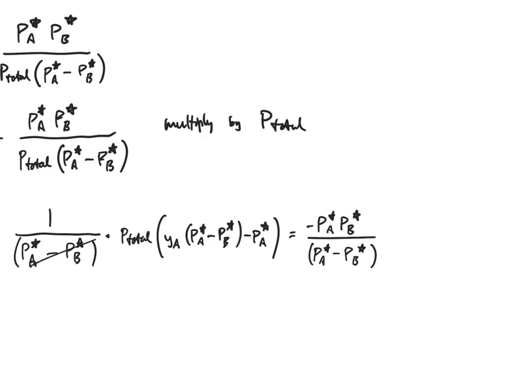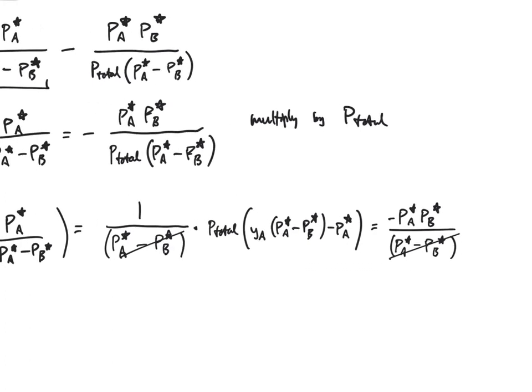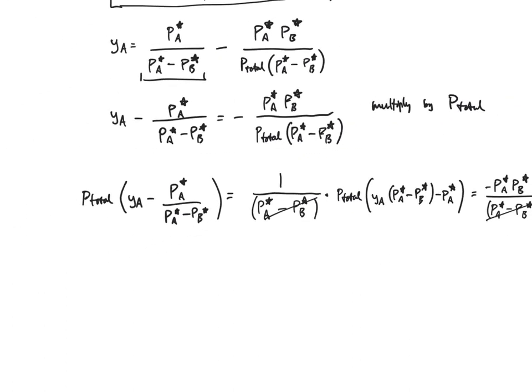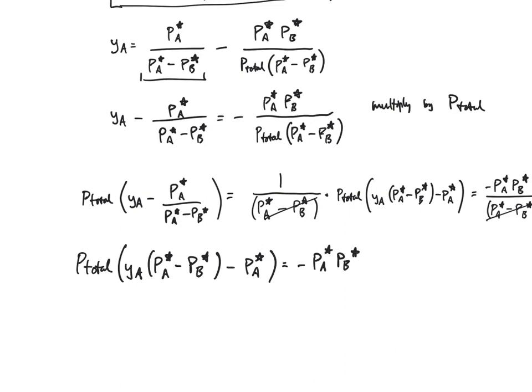And what's cool about this is this and this cancel each other out, and we're left with just everything that's left over, which is P total times YA, PA star minus PB star, minus PA star equals negative PA star PB star.